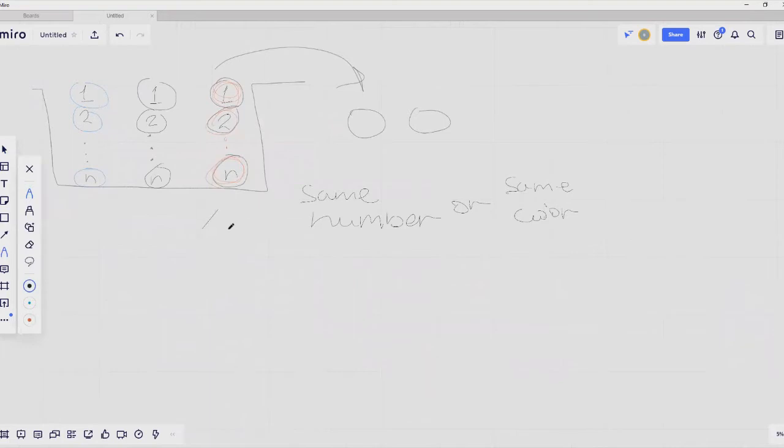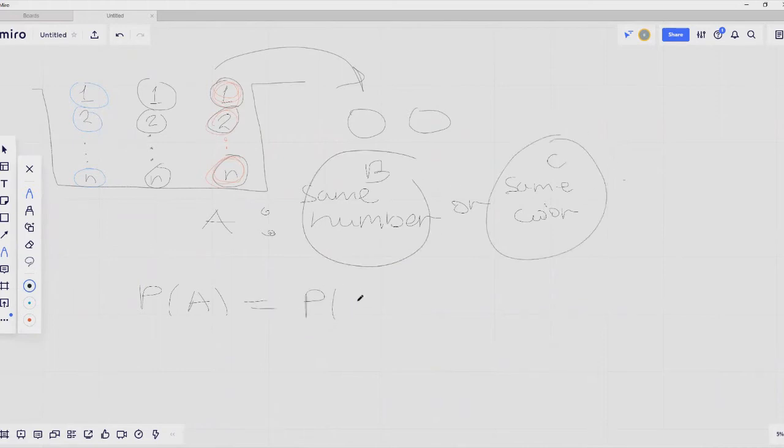Let's call this event A. Then event A can be represented as the union of the following two events: the event of drawing the same number, or the event of drawing the same color. Let's call these event B and event C.